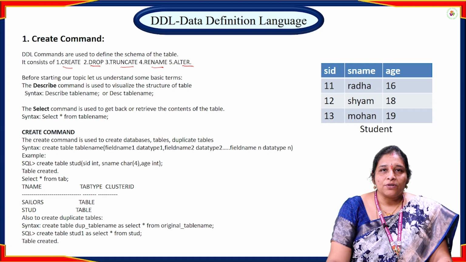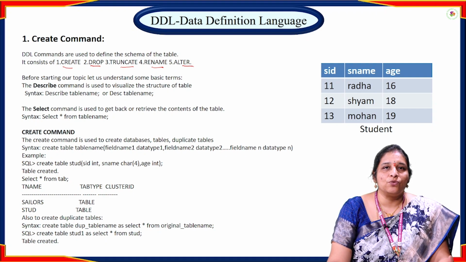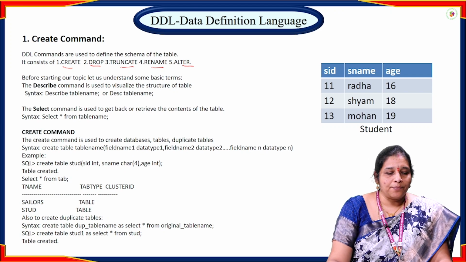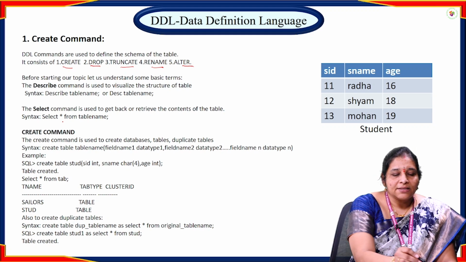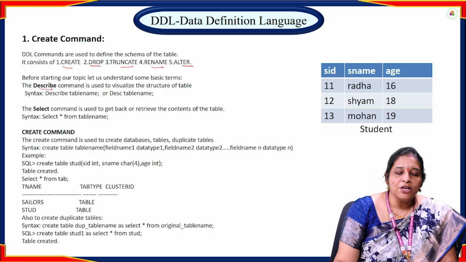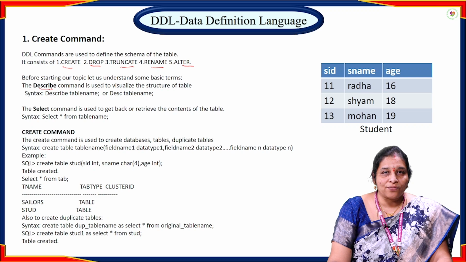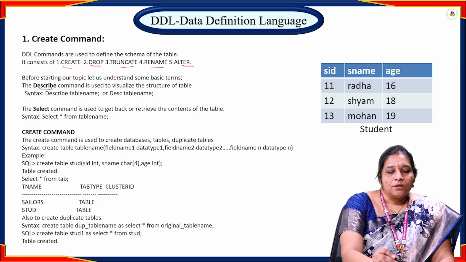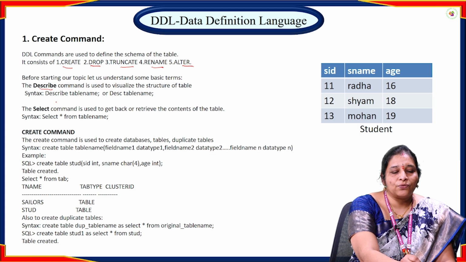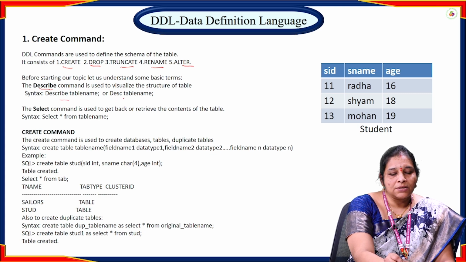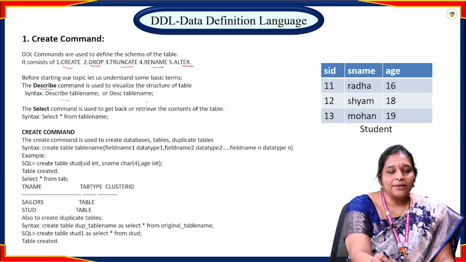Now before starting our topic, let us understand some basic terms so that we can understand these commands in a more formal way: the describe command and the select command. The describe command is majorly used to visualize the structure of the table. So I can give DESCRIBE in its full form, or I can also use DESC followed by table name.